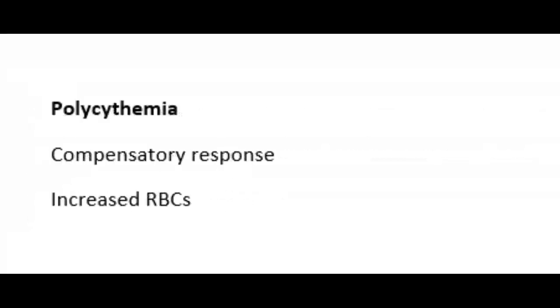Polycythemia is a compensatory response of the body to chronic hypoxia. The body attempts to improve tissue oxygenation by increasing the oxygen carrying capacity of the blood, in other words, by producing additional red blood cells. Accelerated red blood cell production increases the viscosity of the blood and crowds the vascular space, so there is less room for plasma and clotting factors.